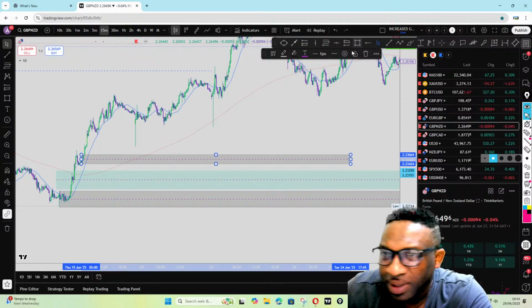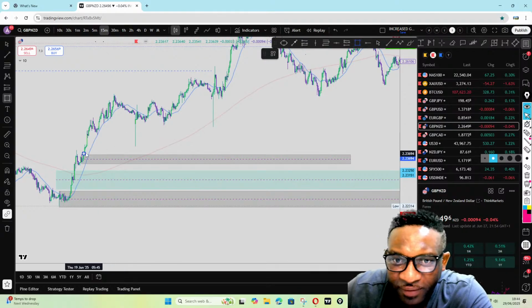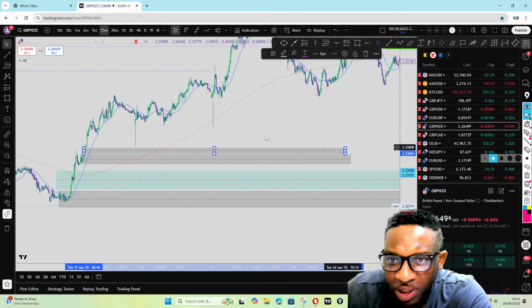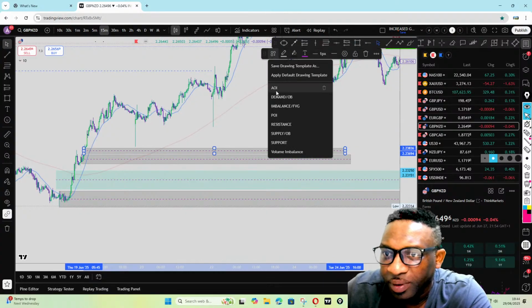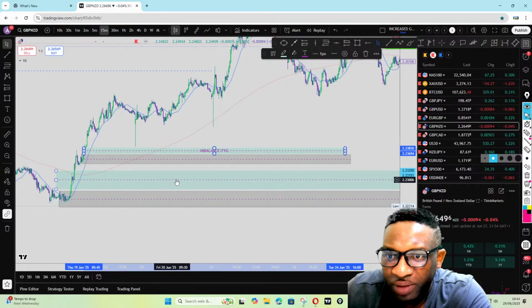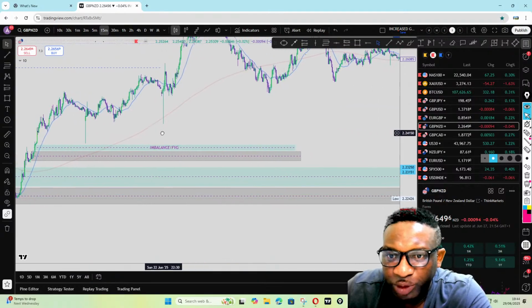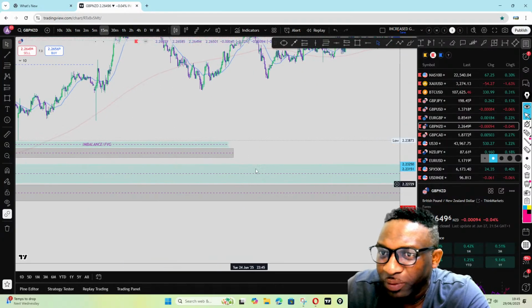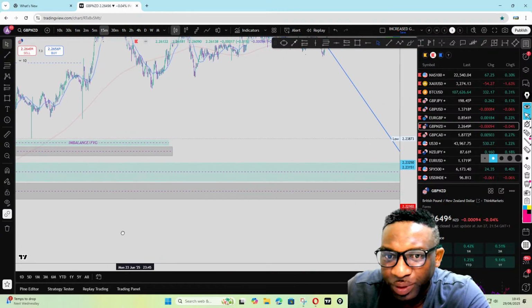Attached to it is a fair value gap validating our demand area. So this is an area you can expect price to also get to. Let's see if we have already tapped into there.